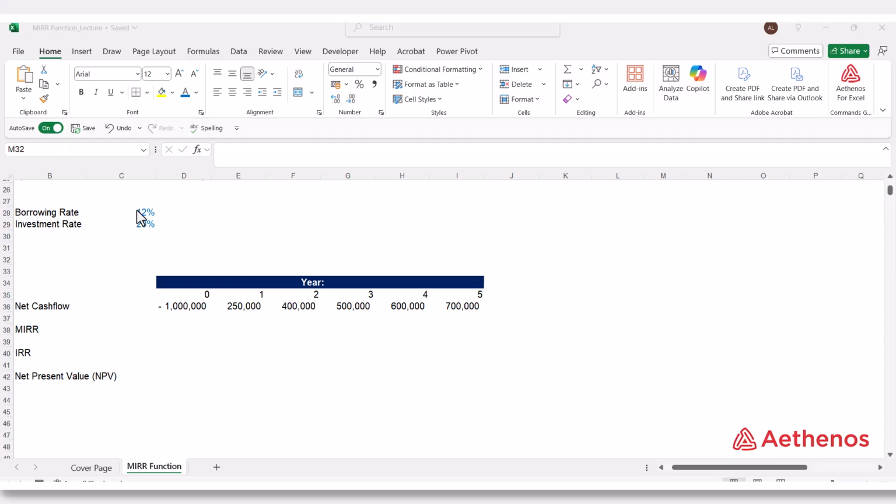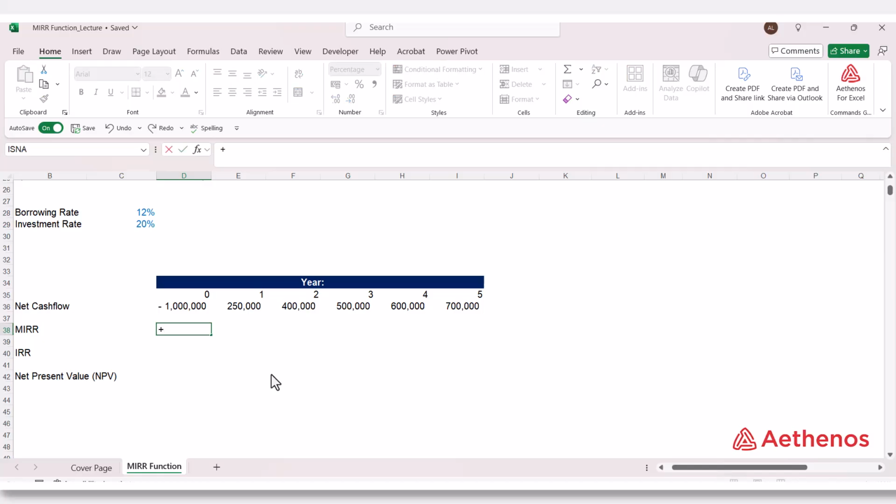So here we have a borrowing rate of 12% for this company and a reinvestment rate of 20%. So we have project cash flows like this up to 5 years with an initial investment of 1 million. So let's try to calculate the MIRR.